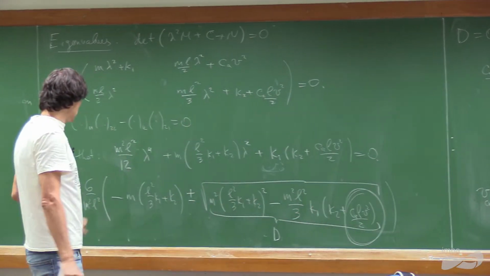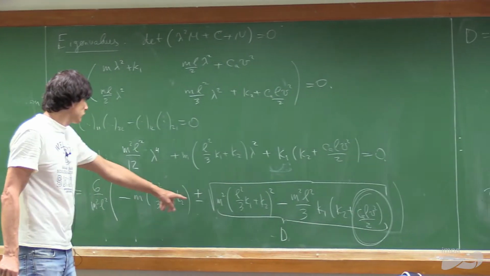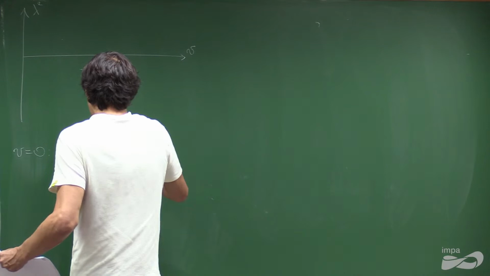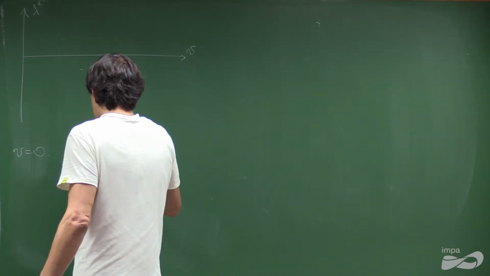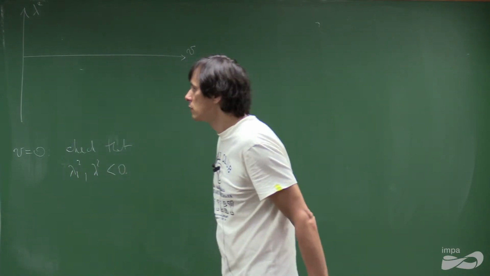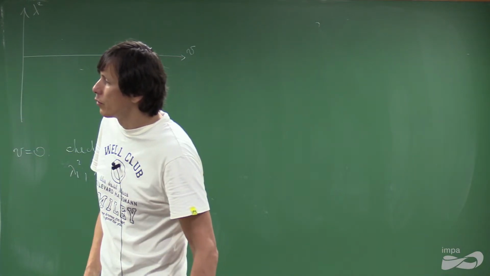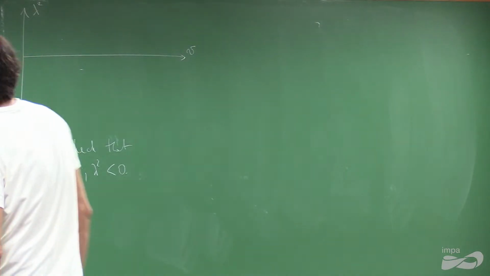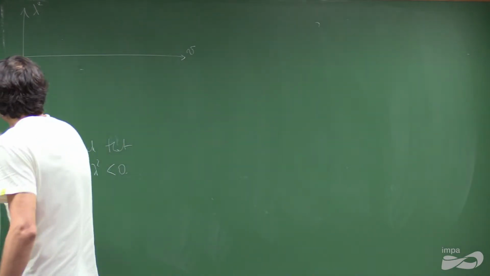The rest does not depend on velocity. So when velocity is 0, you get two values, and you can check that both you get two squared values, and both of them are negative. You can just put velocity to be 0 and verify that both with plus and minus you get something negative.